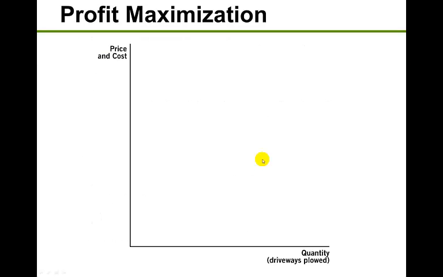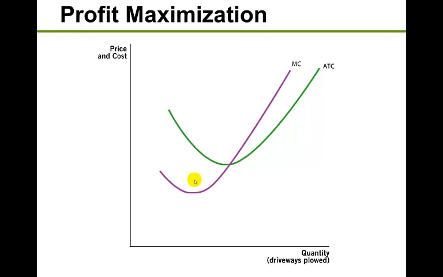So if I wanted to show this analysis graphically, here I've got my average total cost curve from last lecture, and here I've got my marginal cost curve. And remember, my marginal cost curve crosses my average total cost curve at the minimum possible average total cost. Now I can figure out what my profits are going to be based on the market price.